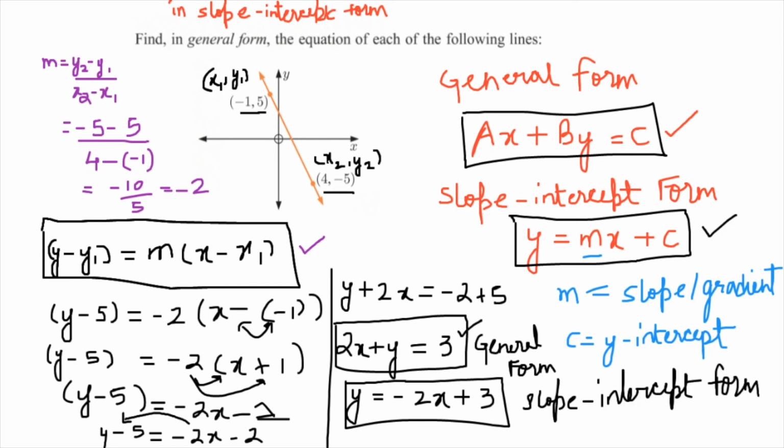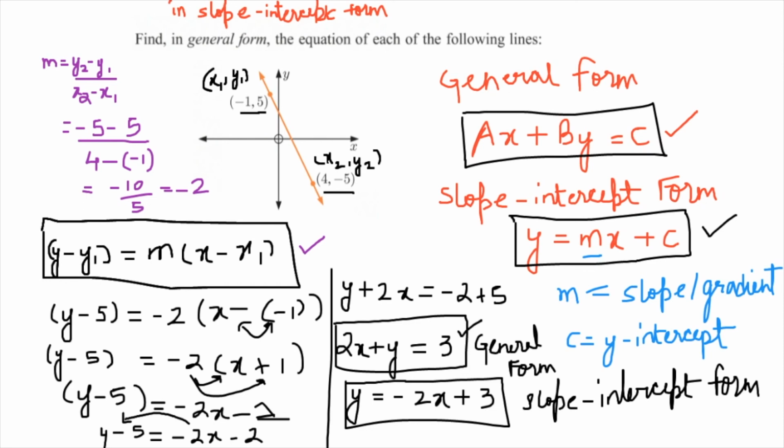So for any question where you are having a coordinate x1, y1, and you're given m, the gradient, or there is a possibility of finding gradient, then in that case you can use this formula or this form to get the equation of your line.